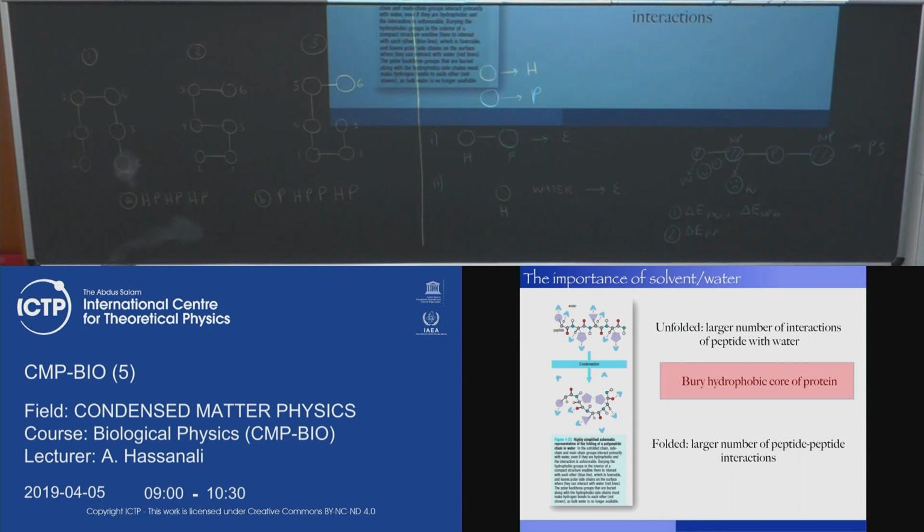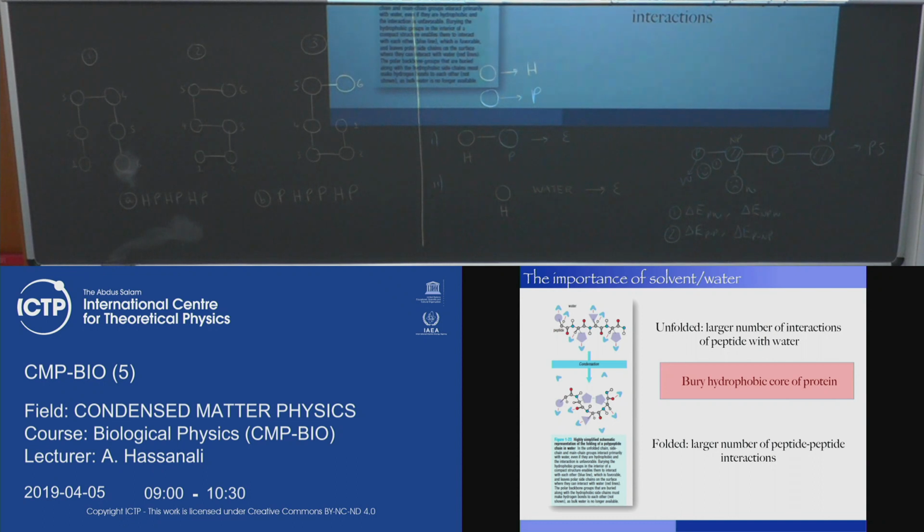These are possibly favorable. I'll also have interaction energies between the polar and the non-polar groups. That might not be favorable. So these are the enthalpic side of the interactions, or the driving force.